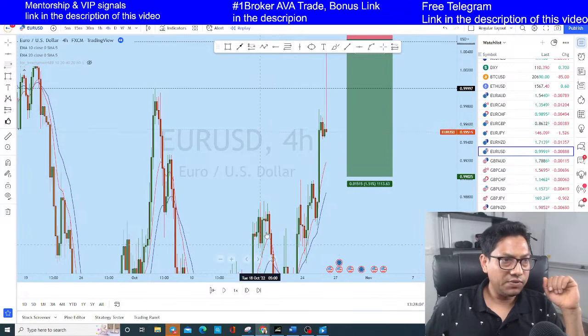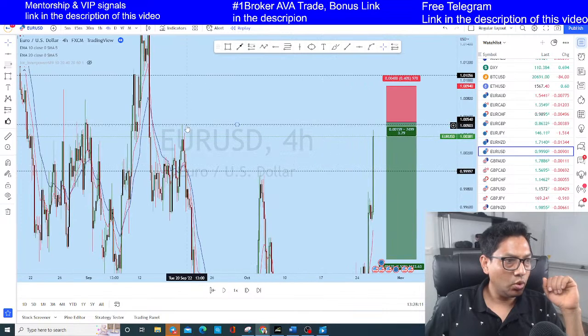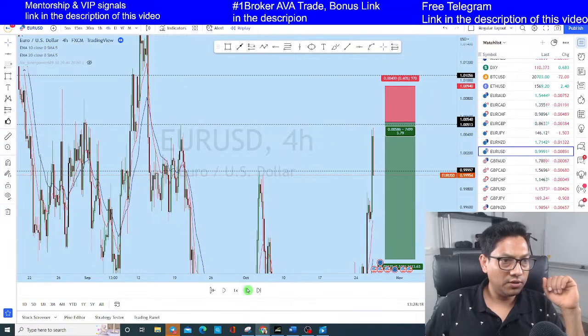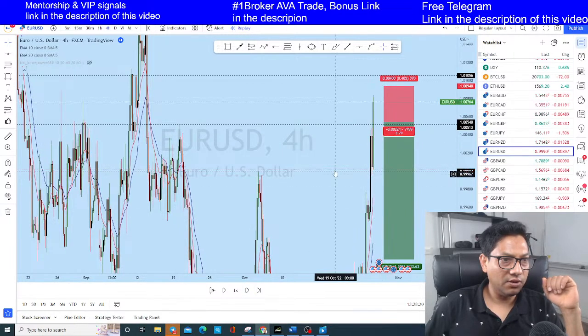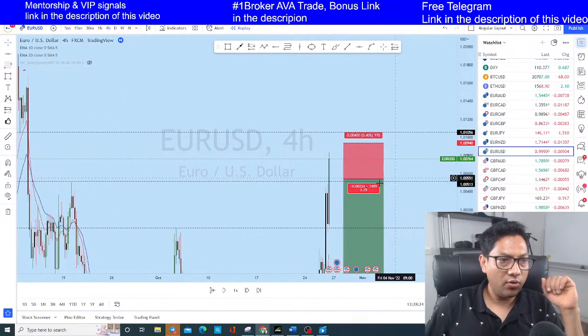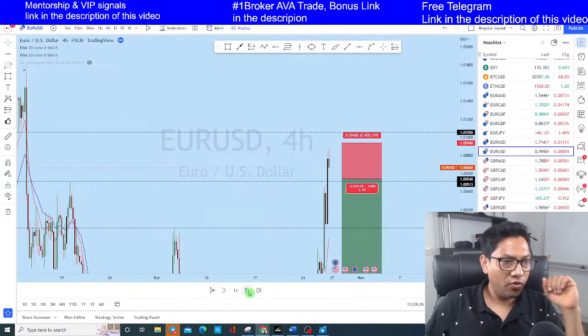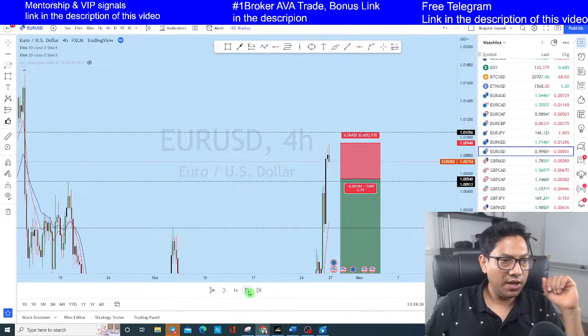Then I saw it break up. Right now I know it came to a zone where there is a probability of overextension, but it's still not there. Then I waited, and then I saw, okay, now the market is fully overextended. It's now on my radar. Then I wait for a pattern to develop.